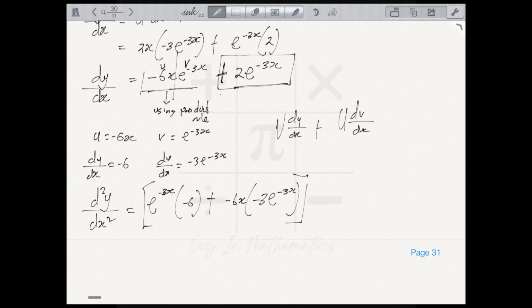Now we have been able to differentiate this using product rule. Now we can differentiate this, and that will give us plus 2 into minus 3 exponential minus 3x.